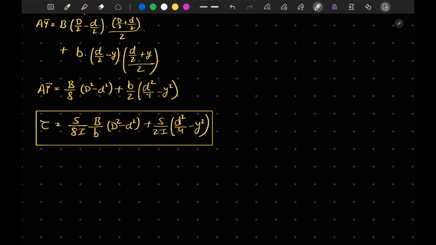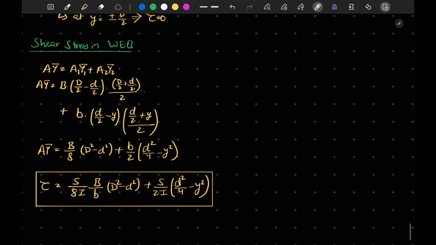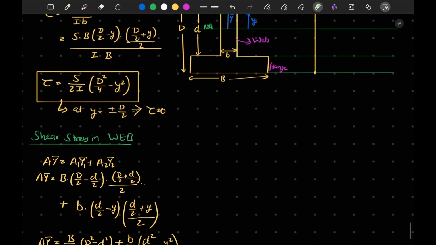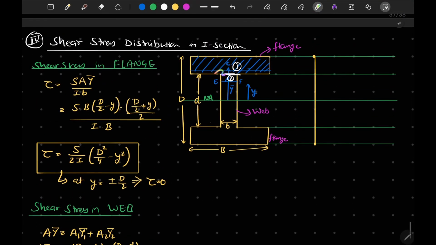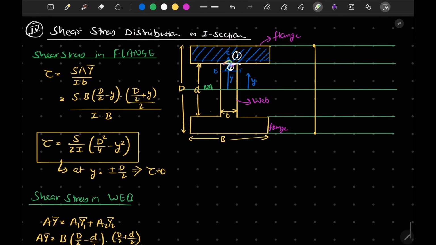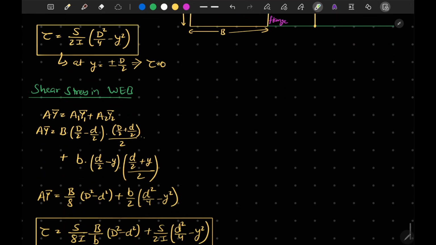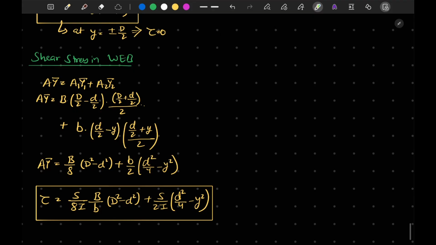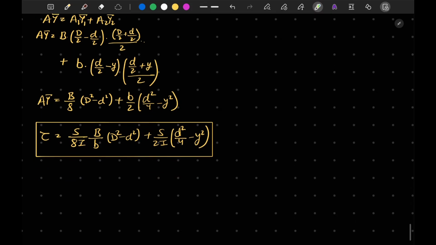Now we have calculated the value in the flange and in the web. At the intersection, at a point above in the flange and a point in the web, there will of course be some difference in the value of the stress obtained.